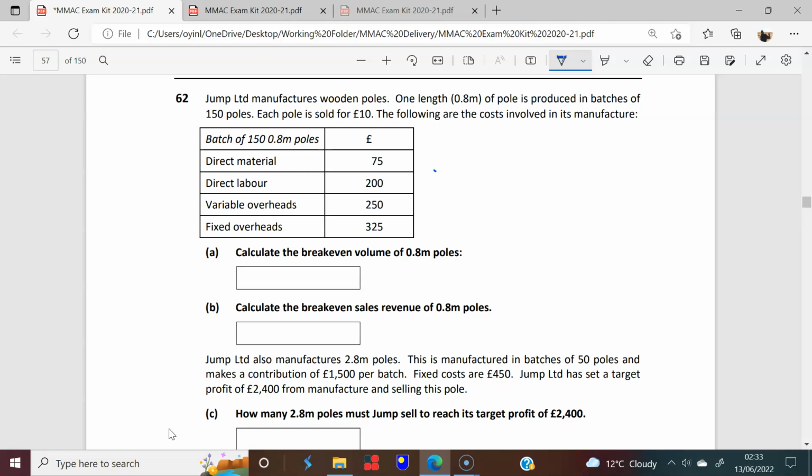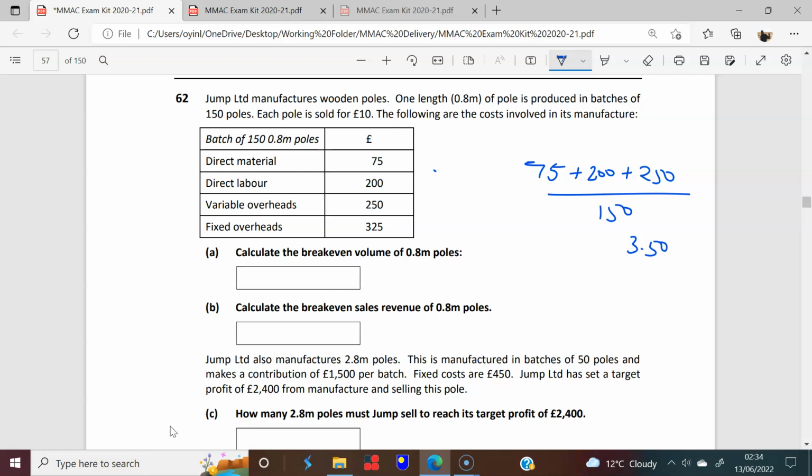So what we should be looking for is the cost of one pole. We have 75 plus 200 plus 250, which is 525 divided by 150, gives you £3.50.